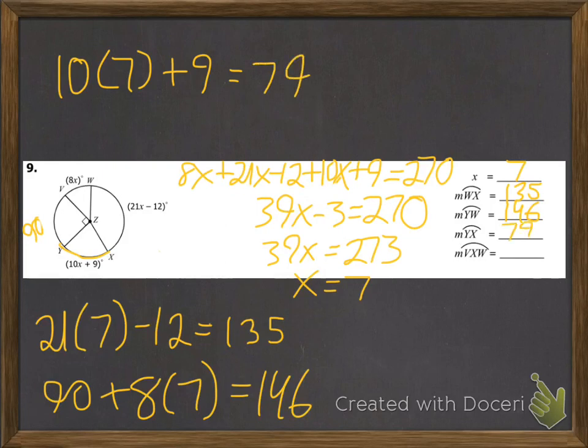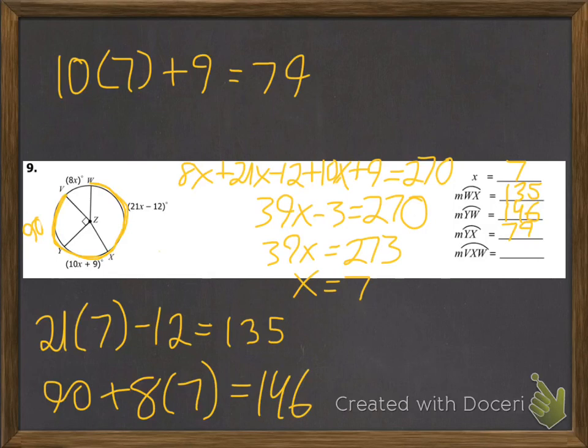And now last but not least, we need to find VXW. So let's follow along. We're going to start at V. Go all the way to X. Actually, I went the wrong way. Shame on me. We actually have to go this way. V to X, then to W. Just follow the letters in order. That's how you know.